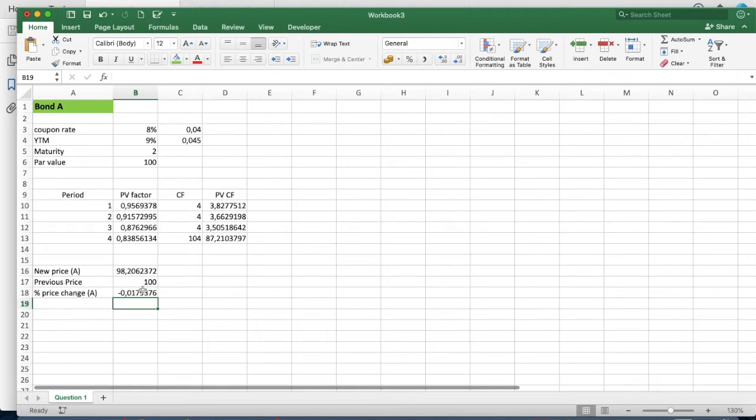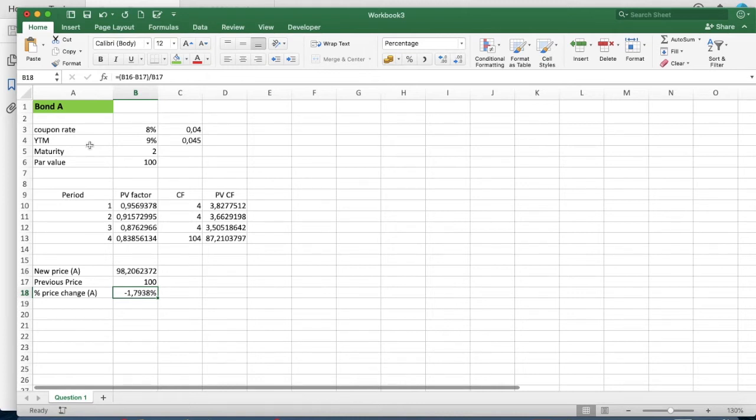So we can convert it into percentage. See here? So the price change is negative, and it was expected since the yield has increased and since we have an inverse relationship between the yield and the bond's price, right? So this is for bond A.